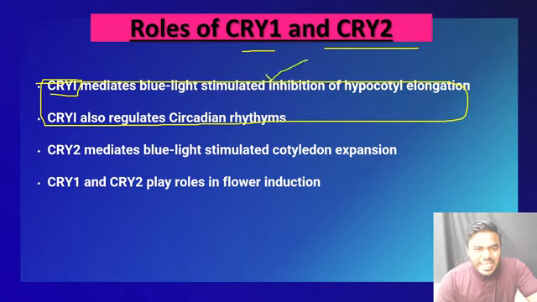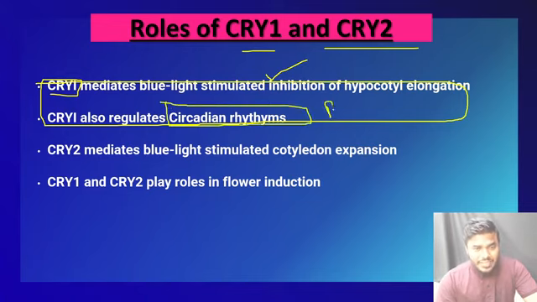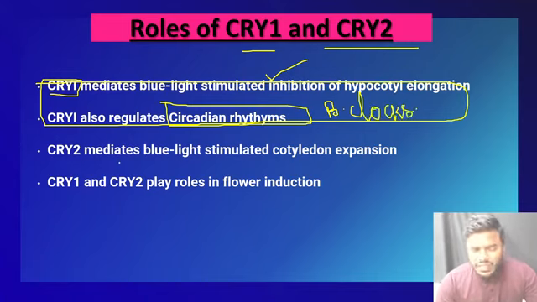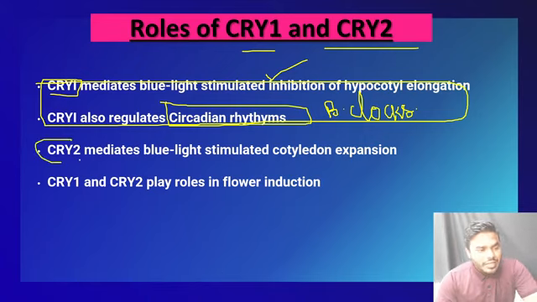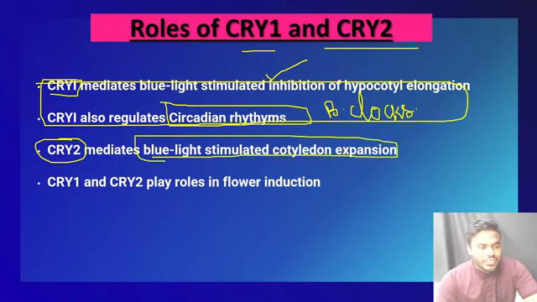Cry1 inhibits hypocotyl elongation. First point. Cry1 is also involved in regulating the circadian rhythms, which is the biological clock, which we will read in the evolution chapter. Friends, when it comes to Cry2, what is Cry2 going to do? It mediates blue light stimulated cotyledon expansion.